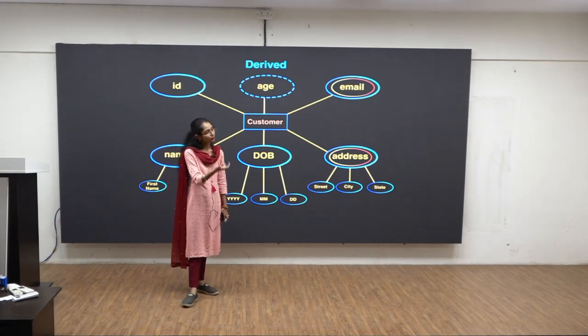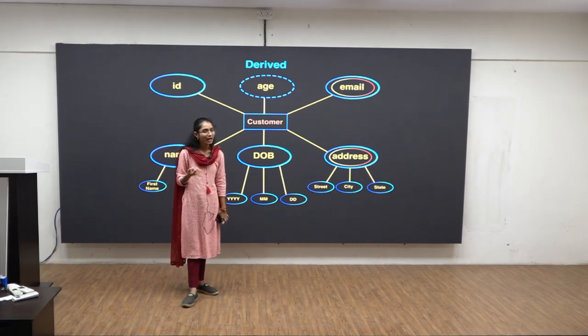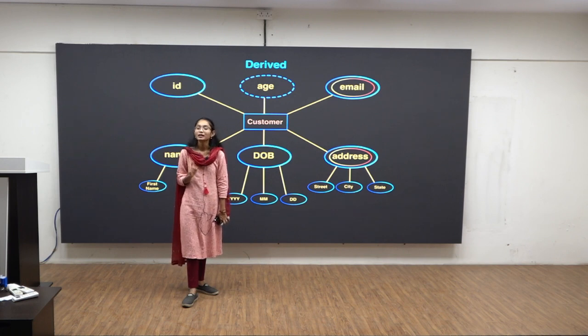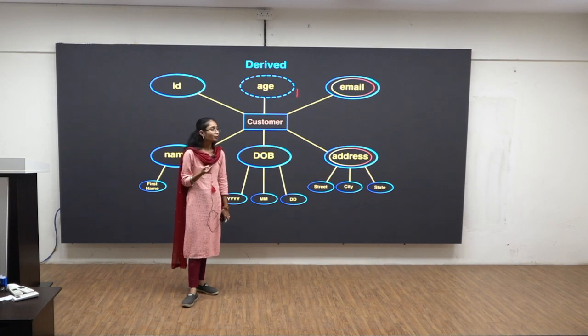Yes. So marks is one attribute, result is also one attribute. In both of these, which is the derived attribute? It is the result. So you need to understand, we have an attribute which is a derived attribute and it is represented by the dotted ellipse. And what does derived attribute mean?